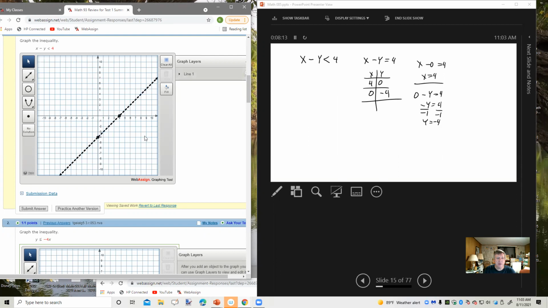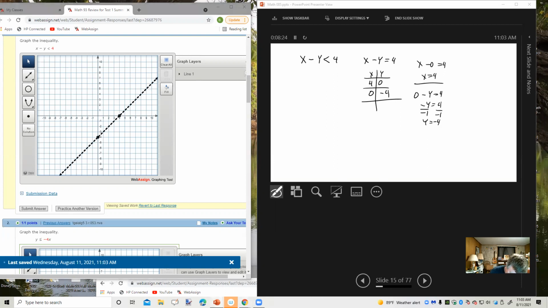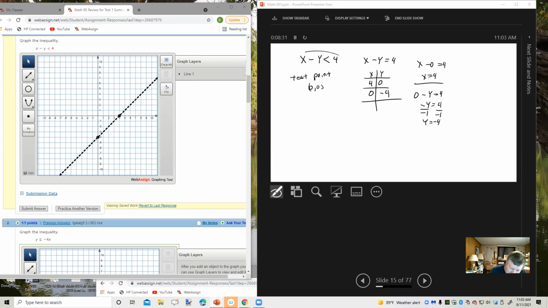But now I need to figure out which side of the line I am on, the top or above or below. I'm going to pick a test point. I'm going to go with 0, 0. So let's take the test point 0, 0, and plug it into the original inequality. That is true.